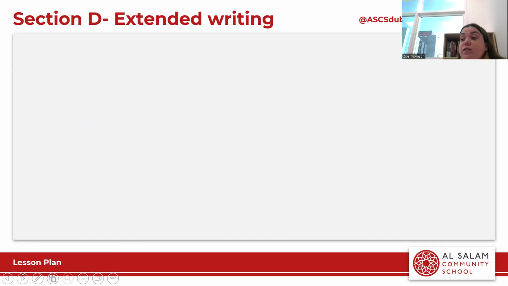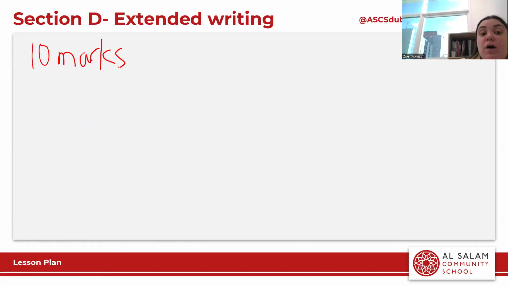Now, this is worth 1/3 of the whole paper, because this question is going to be worth 10 marks. It's almost like a little mini essay you're going to be writing, okay? And it's going to be worth 10 marks, so you should have about 20 minutes to answer it, which is a lot of time.